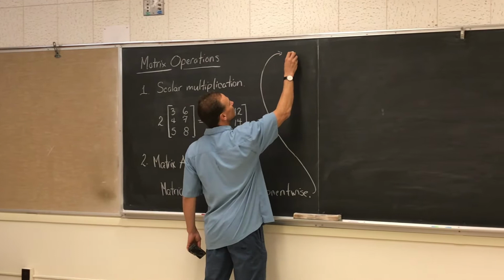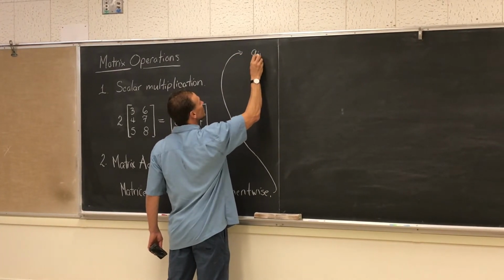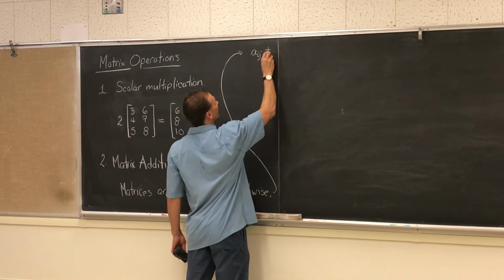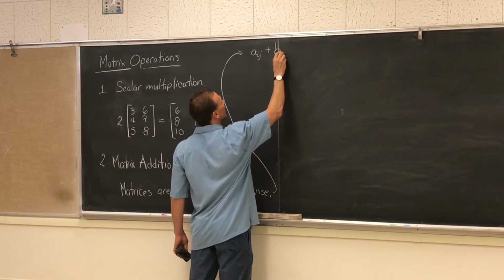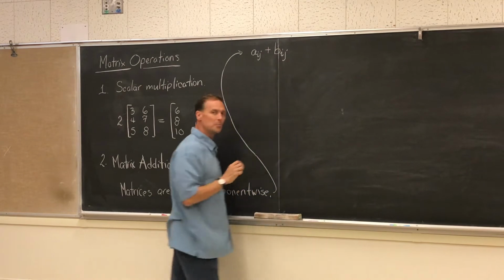So for example, if you have the i, j component of a matrix A, well then you're going to add it with exactly the same component position-wise, the i, j component of the matrix B.